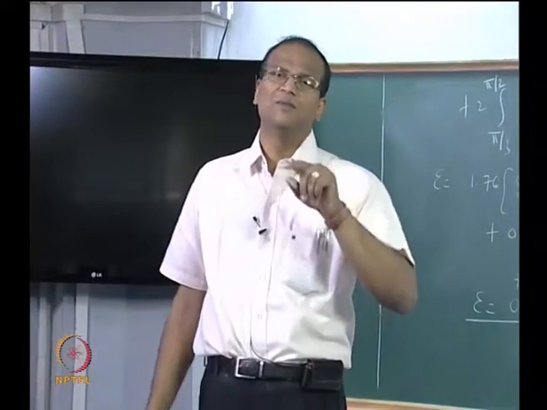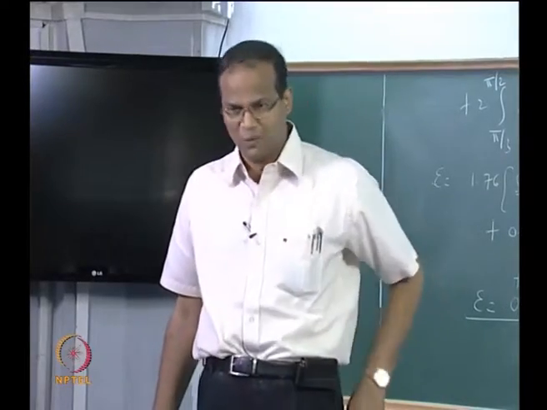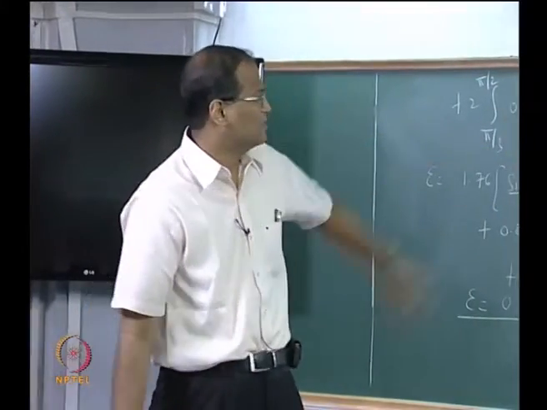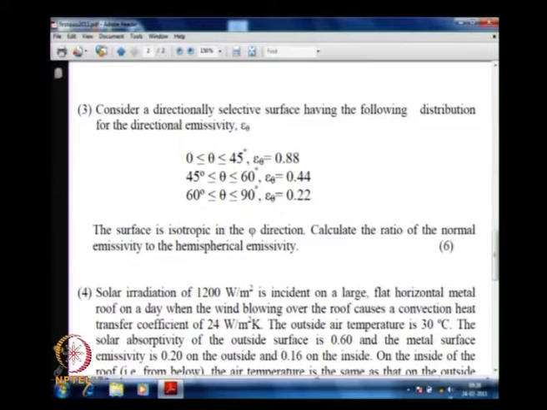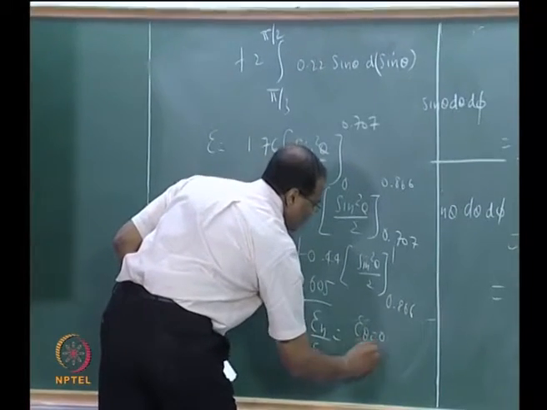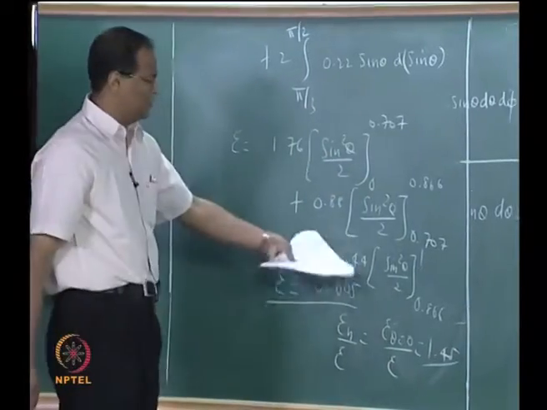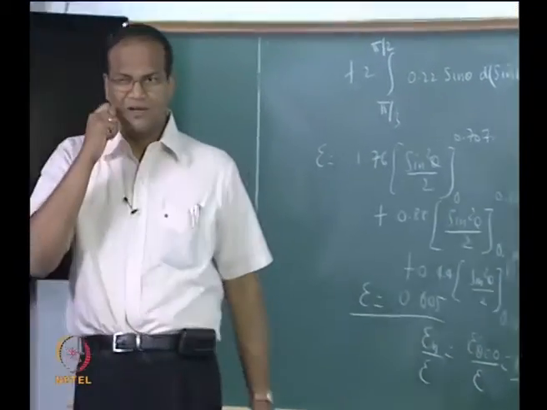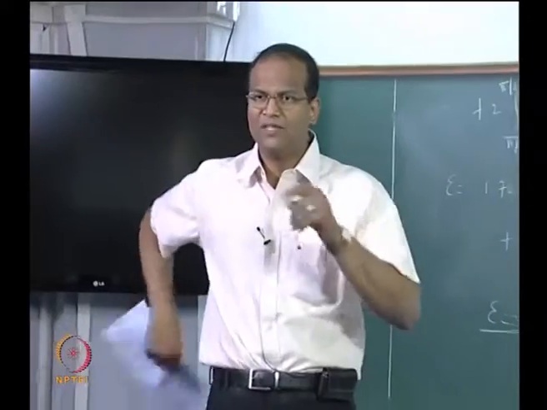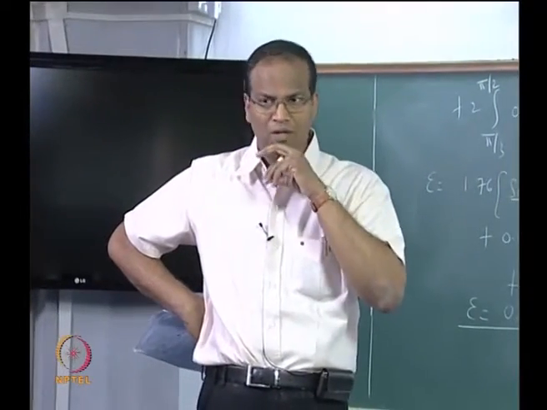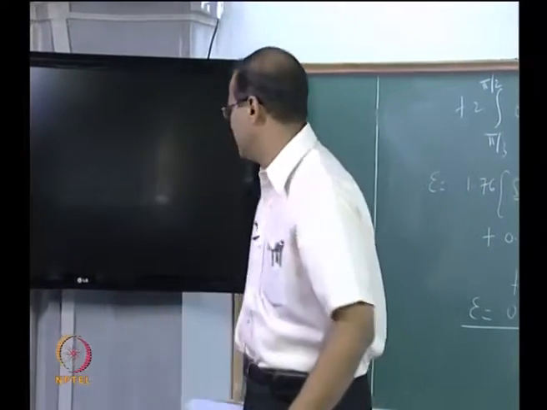Normal emissivity is cos of 0, that is 1. So that is the highest, that is 0.88, right. So ratio is epsilon, 1.45. Okay, so 5 marks for this one and 1 mark for this. Many of you have got it right, but basically some of you have missed that factor of 2.